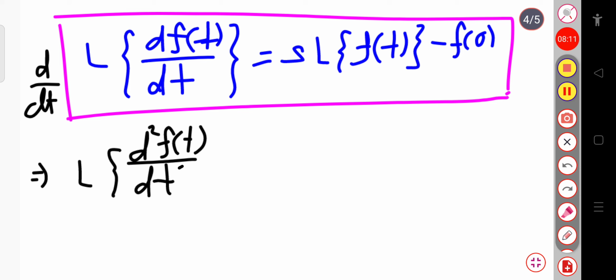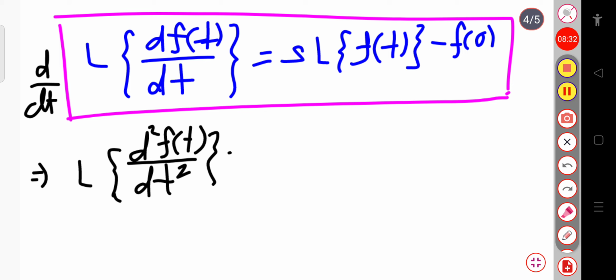It means we are going to calculate the Laplace transform of this function, which within the curly bracket represents the function we want to transform.